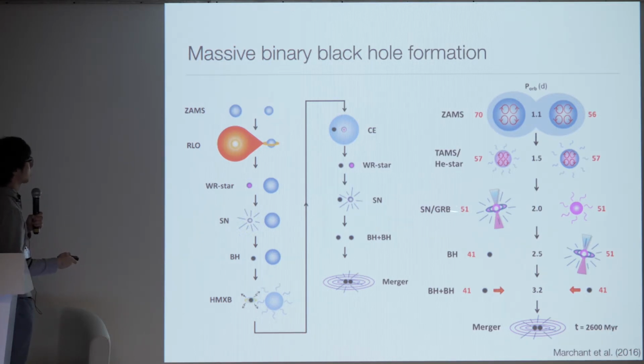And this, of course, may lead to gamma ray bursts and so on, but in the end it will just become a black hole. And the other star is also not affected by this evolution. This star again is just rapidly rotating, so it will not expand, and there will not be a common envelope or whatever.